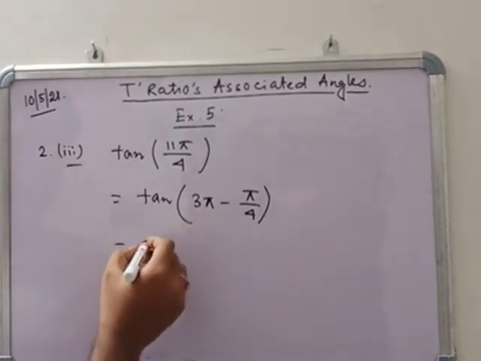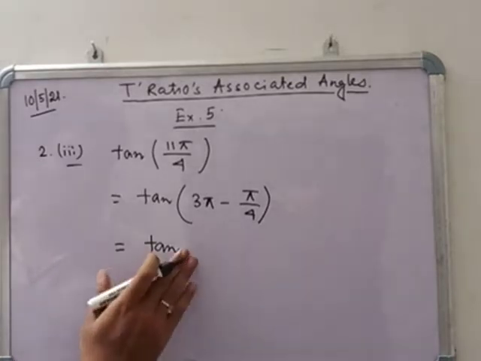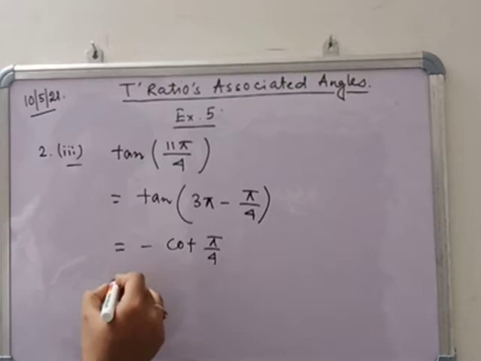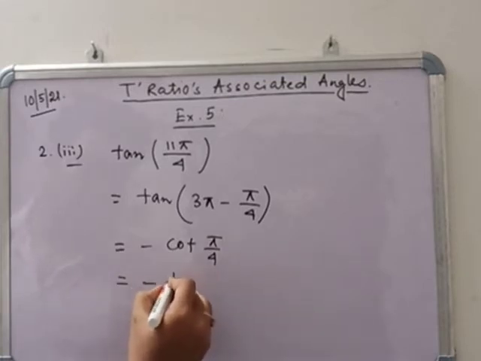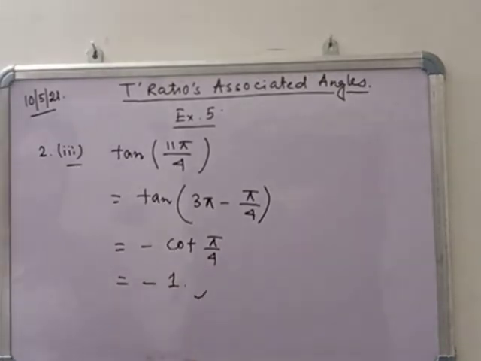This is in the third quadrant, so this is minus cot pi by 4, not tan. So minus 1 is the answer. Okay. Note it down.